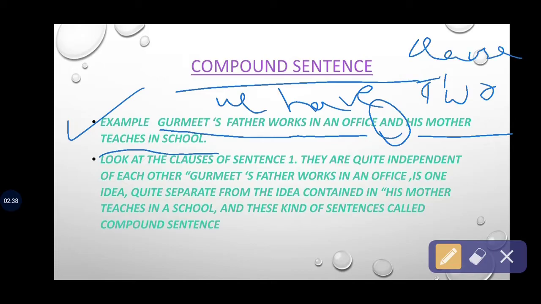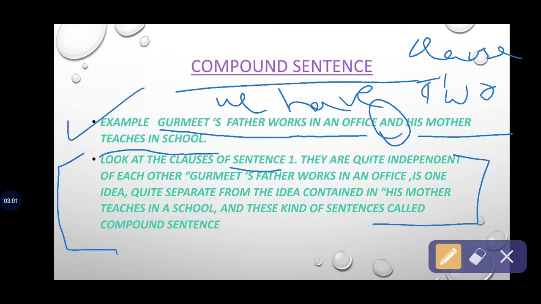Here I have written the description of a compound sentence. Look at the clauses of the sentence. They are quite independent, meaning they do not depend on each other.